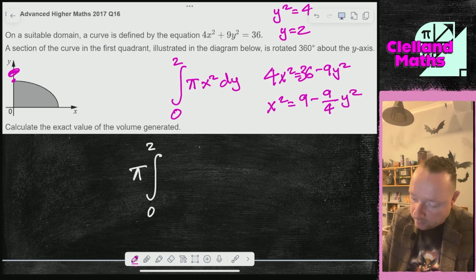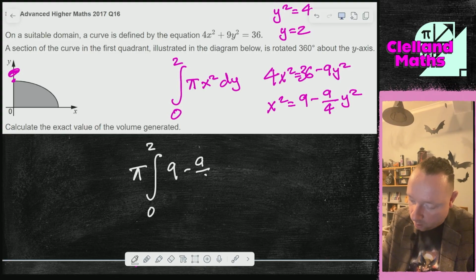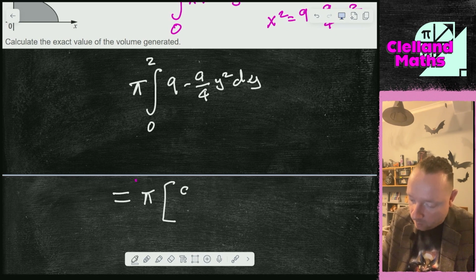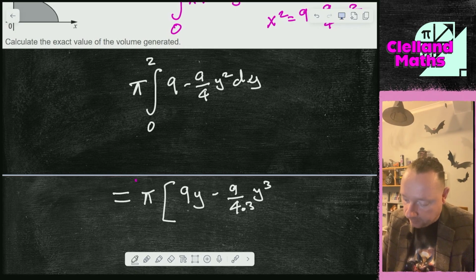So x squared is 9 minus 9 quarters y squared dy. So we can just integrate that. That's pi times 9y minus 9 over 4 y cubed divided by 3 between 0 and 2.